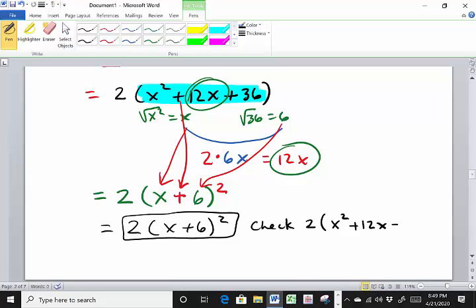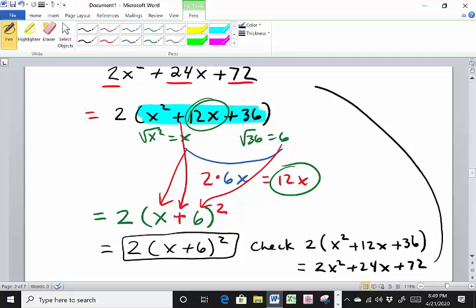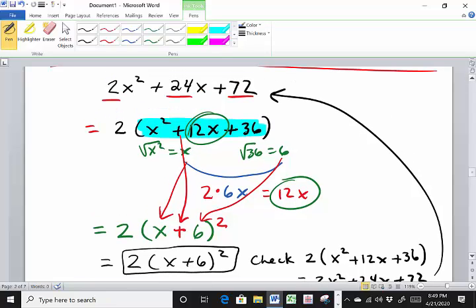Square the 6, you get 36. And then let's multiply this out. 2x squared plus 24x plus 72. And guess what? This here is the same as this here. So we know we did it correctly.